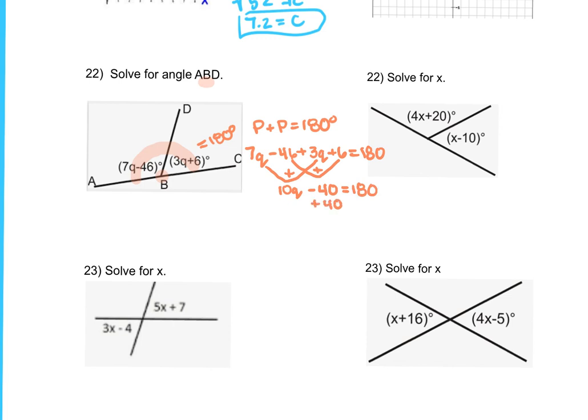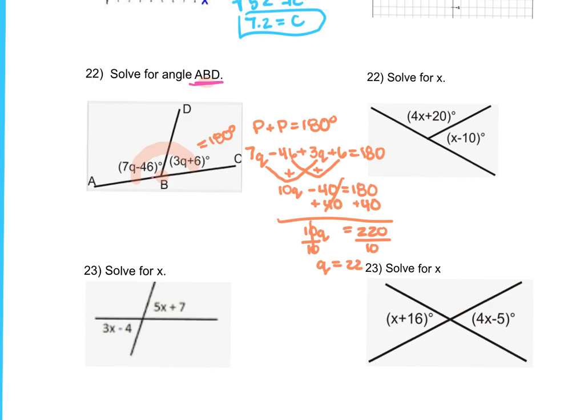We're going to add 40 to both sides, which will give us 10q equals 180 plus 40, which is 220. And then we're going to divide by 10 on both sides, and we're going to get q is equal to 22.